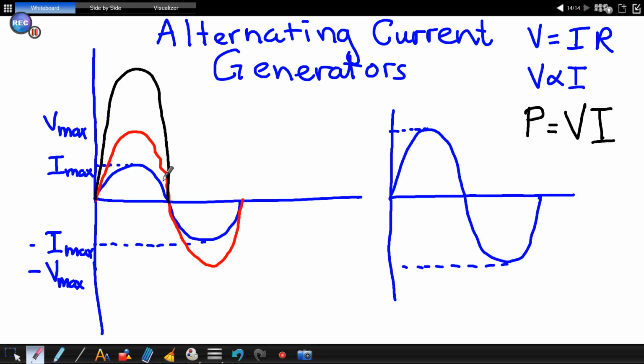If I'm taking the negative side of my alternating current, the current and the voltage, negative times negative is positive. So this graph looks like this. So this is the power curve.